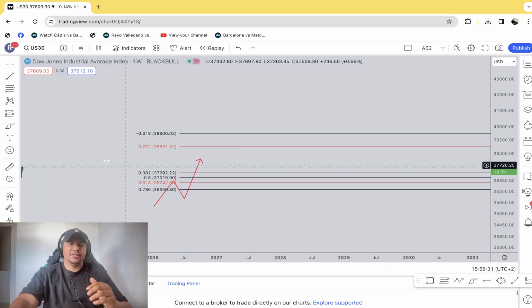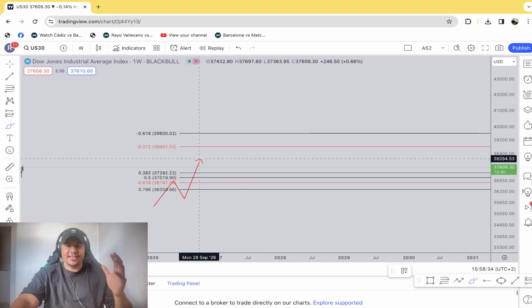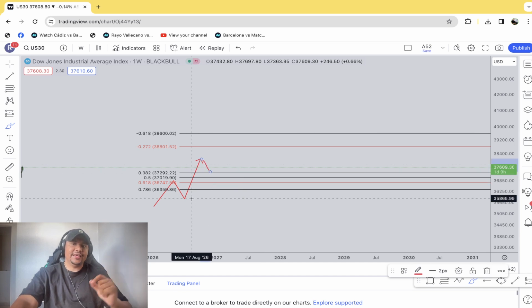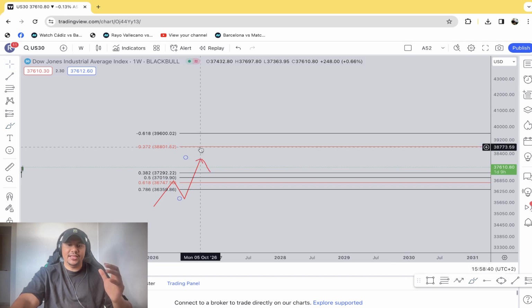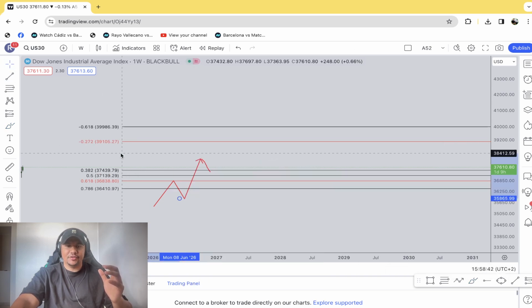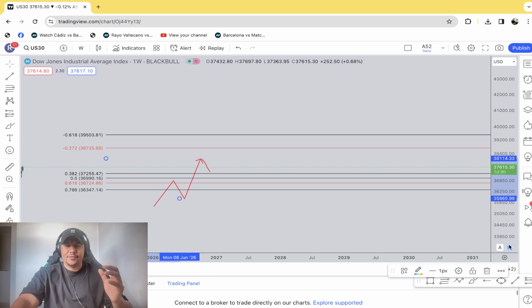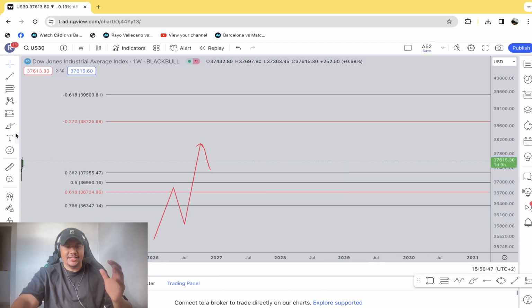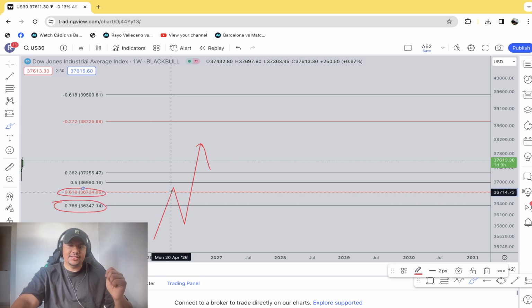Now, when the market then starts retracing, what you want to look for is the level which is lining up perfectly with any structure to the left of you. So you want to see, does the 78.6 line up with any structure here? No. Does the 61.8 line up with any structure?